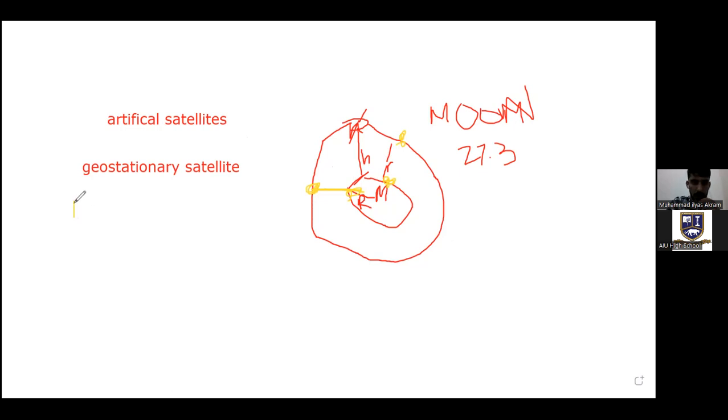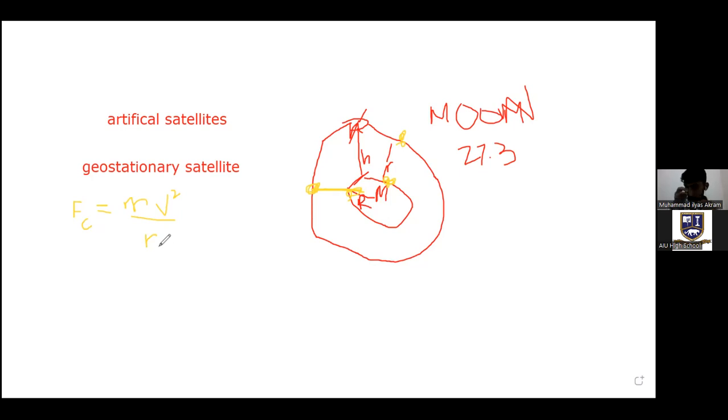That is F_C, and that is equal to m v square over R. So this is the formula of centripetal force.